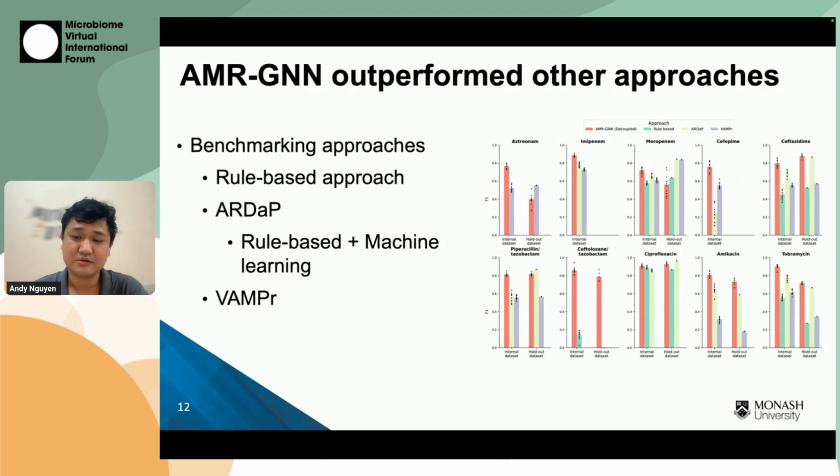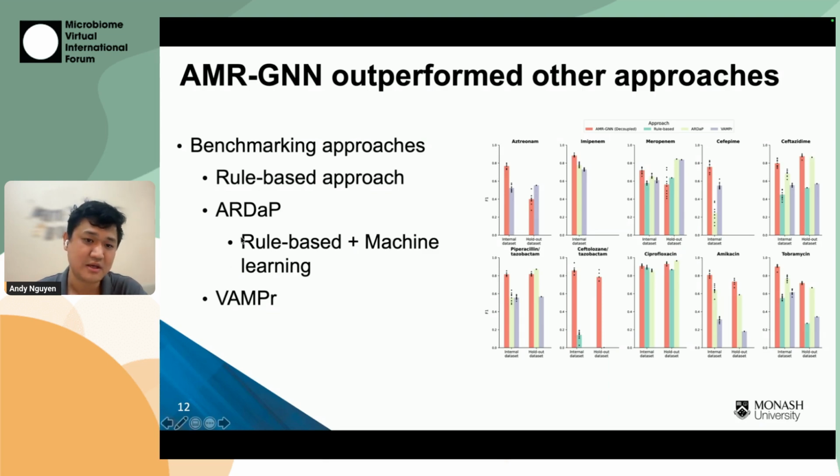And to validate our AMR-GNN model further, we performed a benchmarking study with some approaches that are tailored for Pseudomonas resistant isolates. The first approach is a rules-based approach, where we curate a very large set of AMR determinants from the literature and use them to detect AMR for Pseudomonas.